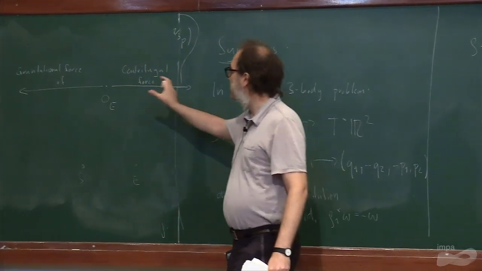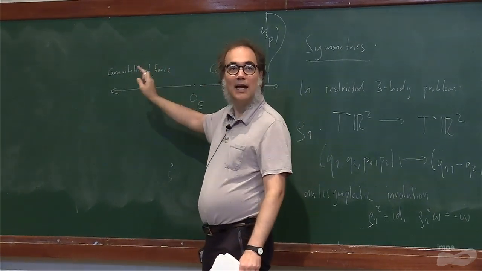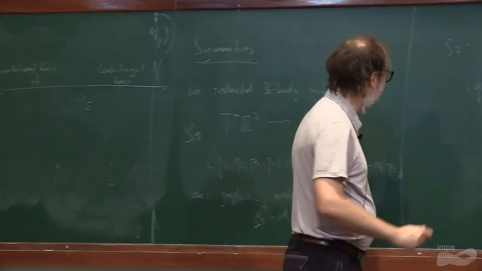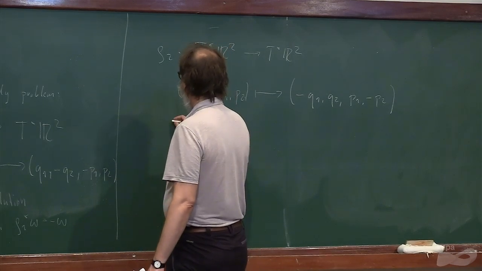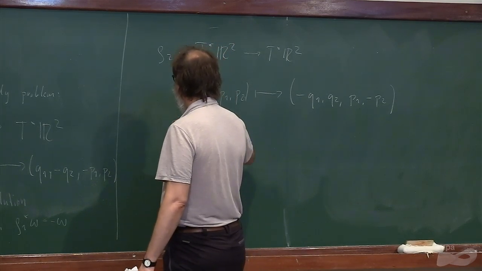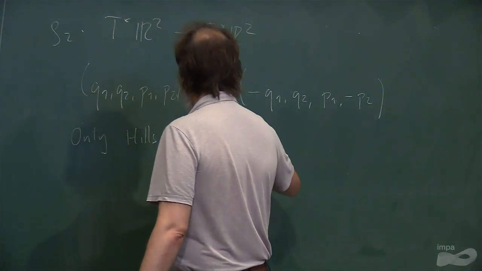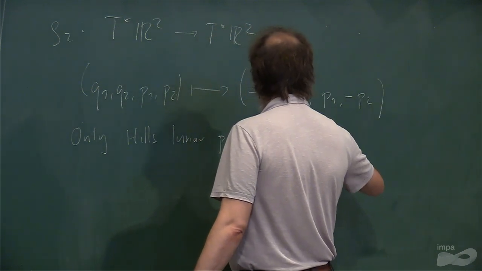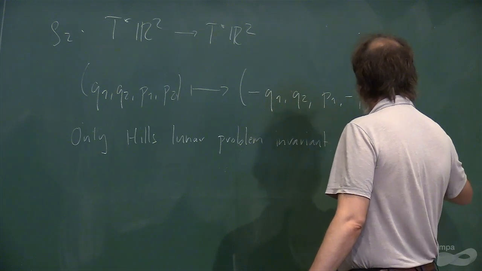So these two forces basically cancel each other, and what remains is invariant under the reflection at the y-axis. So only Hill's lunar problem is invariant under rho 2.